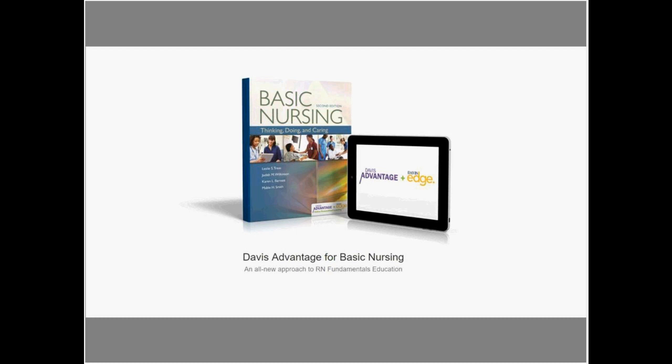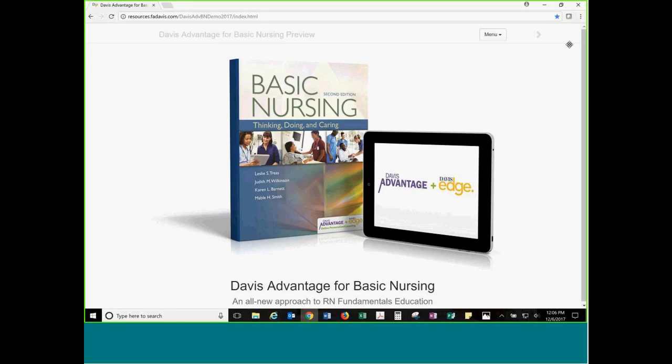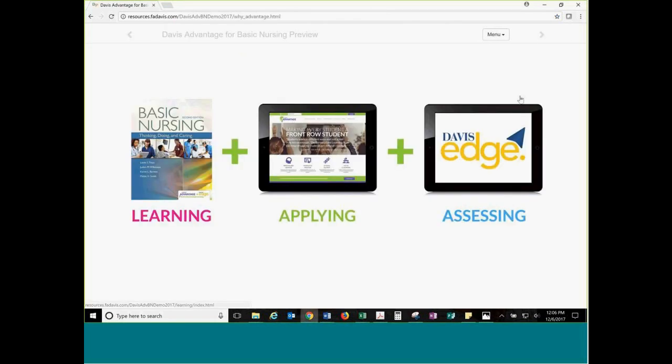So let me just share my screen so I can pop open into our walkthrough. Okay, so Davis Advantage for Basic Nursing focuses on a unique learning, applying, and assessing approach that really stresses active learning in each of these components.